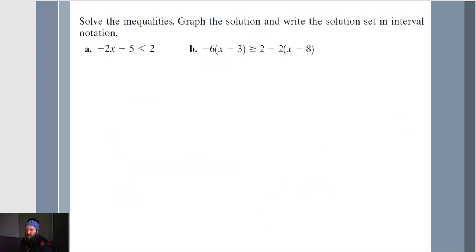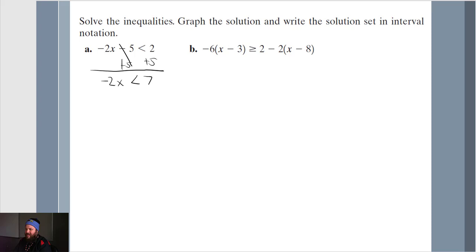Okay, let's go on to our next example. So solve the inequalities, graph the solution, and write the solution set in interval notation. Okay, so first off, let's do A. Let's go ahead and add 5 to both sides. In this case the 5's go away, and we're left with -2x less than 7.